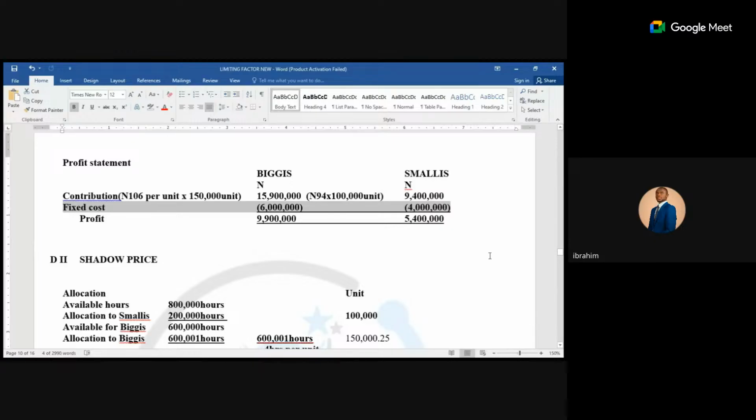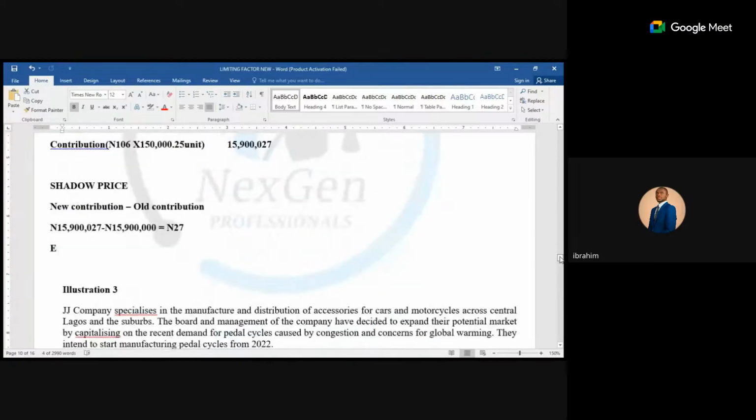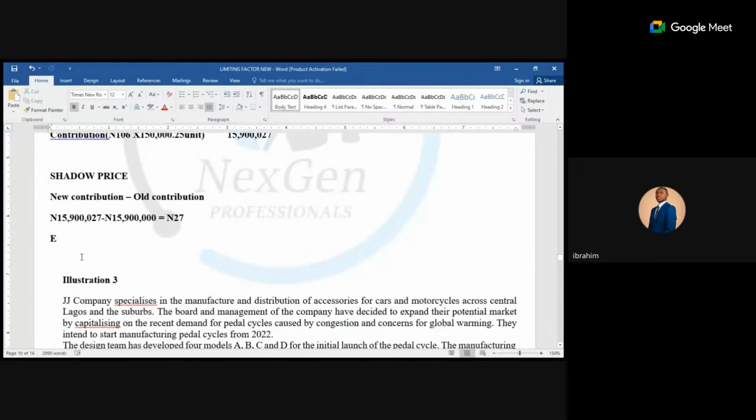So therefore, we will not include fixed cost in our computation because fixed cost is not a relevant cost. What is the initial cost of the investment given to us in this question? 45 million.